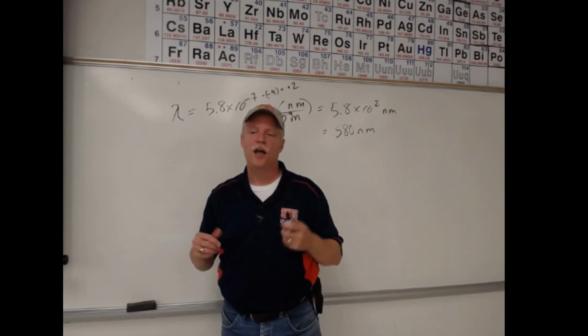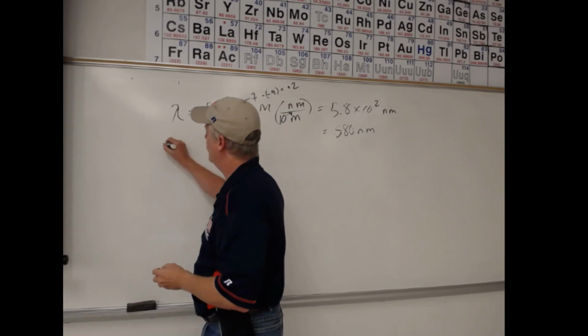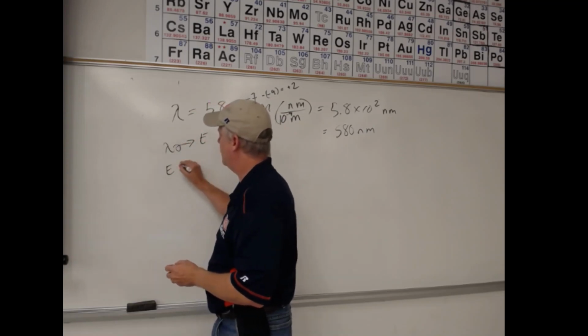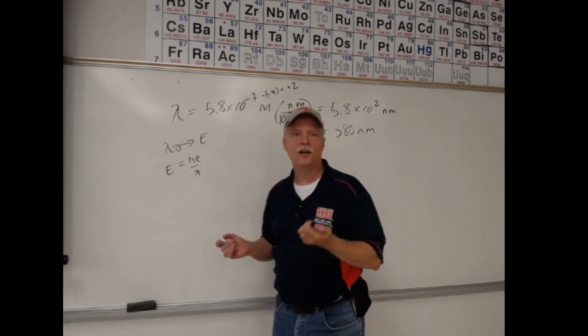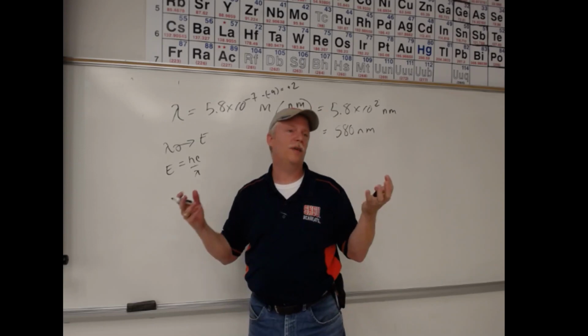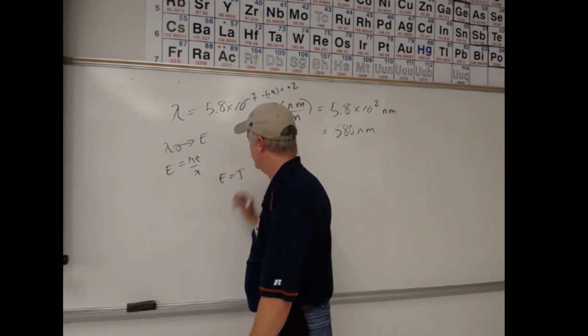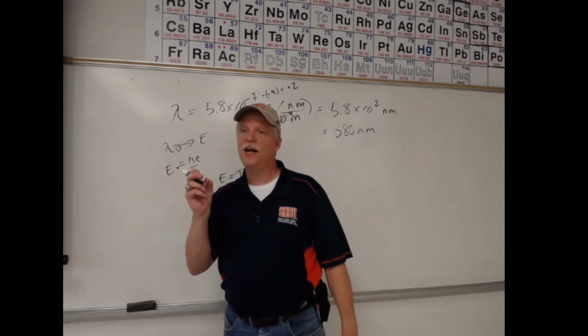Okay, that's great. So we have this wavelength, 580 nanometers, and we want to convert that to energy using E equals hc over lambda. So once you find energy, what is that energy? Let's go ahead and make it joules. So we have energy in joules, and that's a very tiny energy.